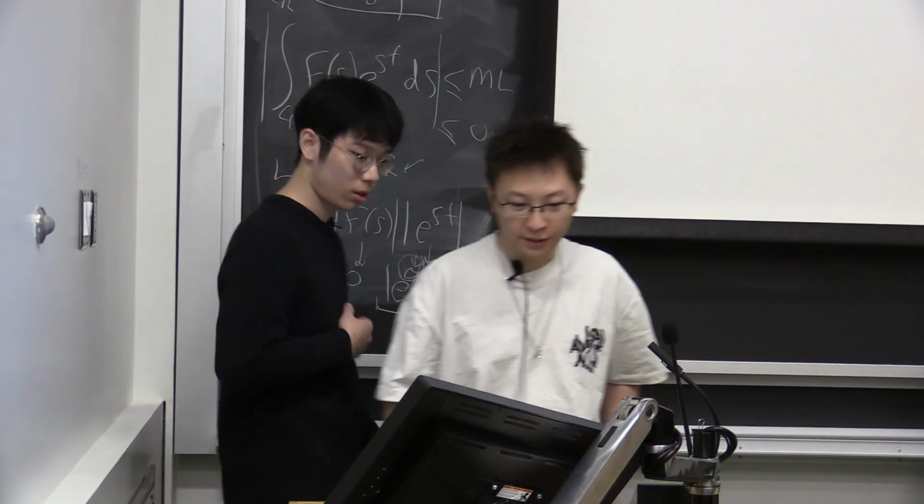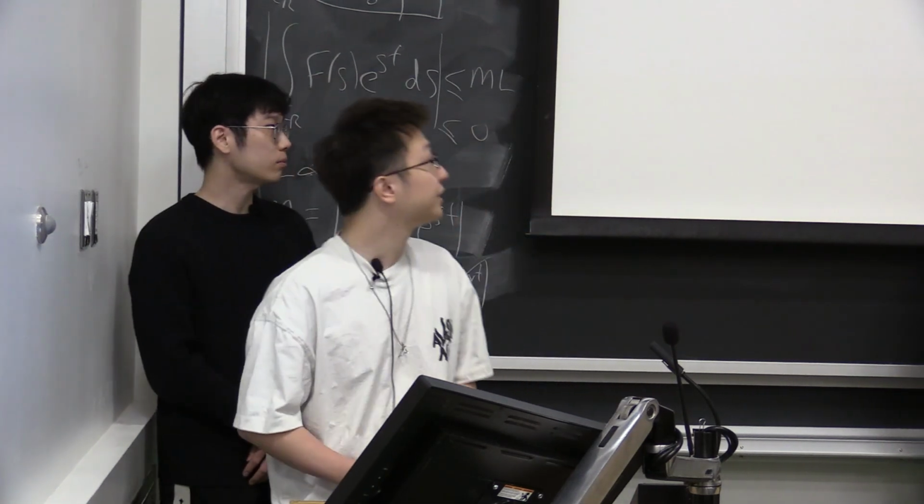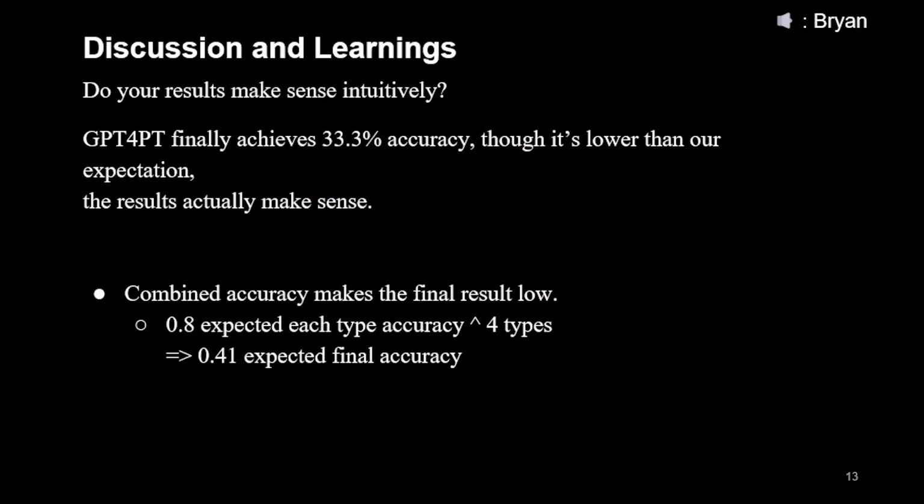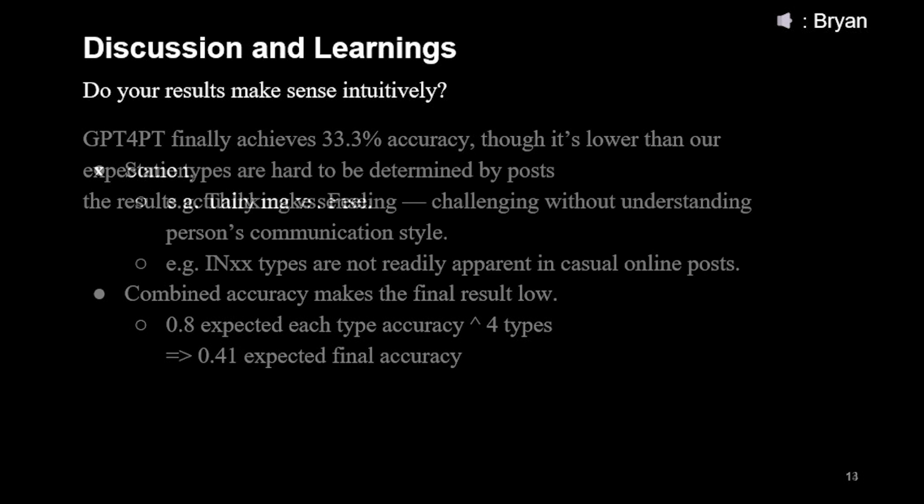To give a postmortem on the results, we can analyze the data from two perspectives. One is from the semantic reasons, one is from the model selection reasons. Although our accuracy is only 33%, it's because the result is a joint probability, so it decreases exponentially according to the number of types.